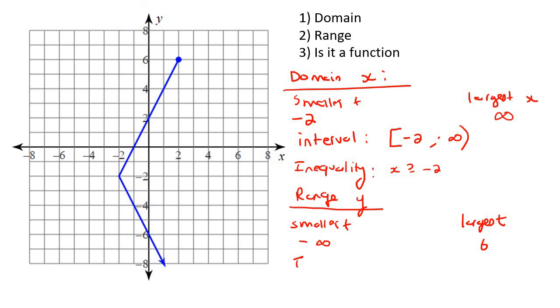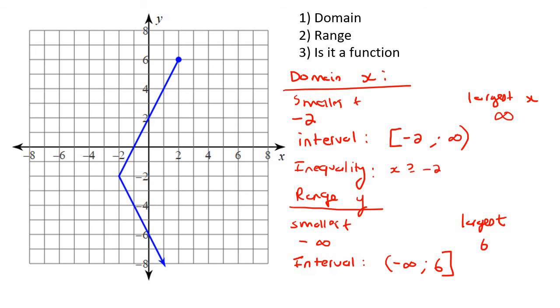So if we use interval, then you would say always the smallest one first. So minus infinity. Round bracket, because infinity always uses a round bracket, and then the 6 has a solid circle. It's not an open circle, so that would be a square.